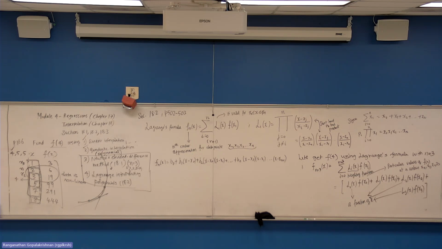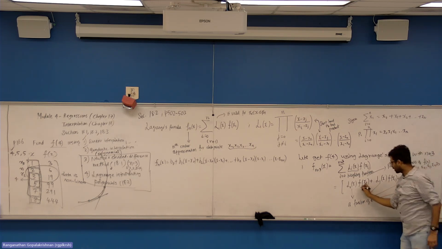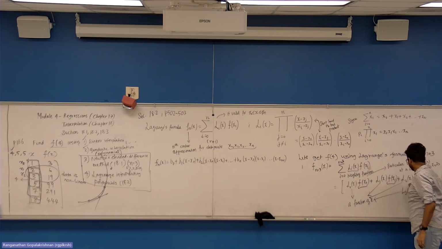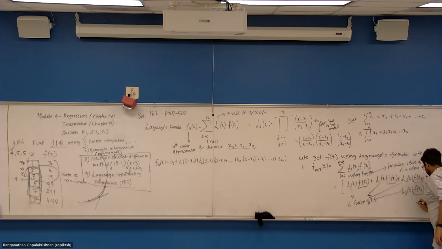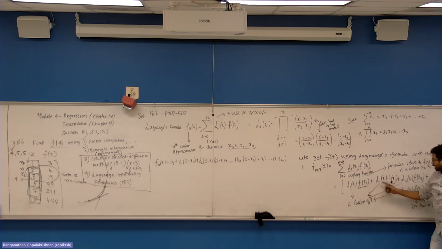Now it's easy to look up these values, right? They just come from the data. Shall we now compute this L naught of x, L1 of x, and so on? Okay.